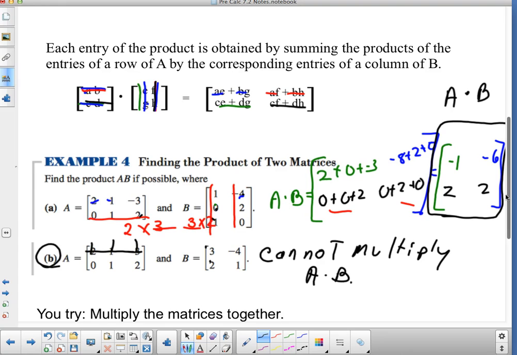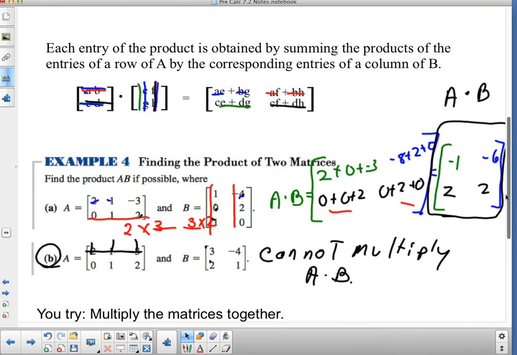Because it'll be defined that way. Questions about that so far?